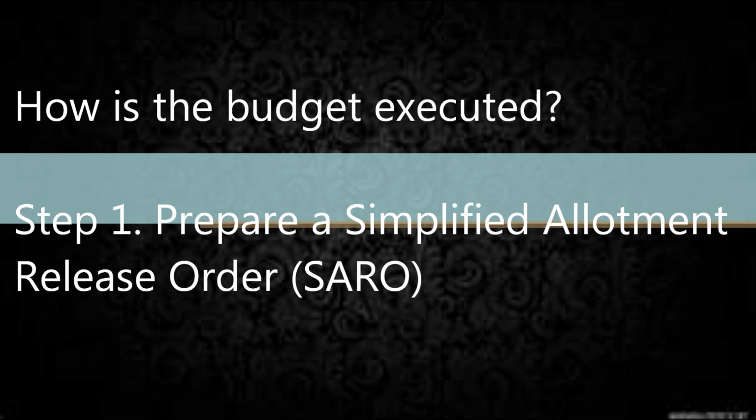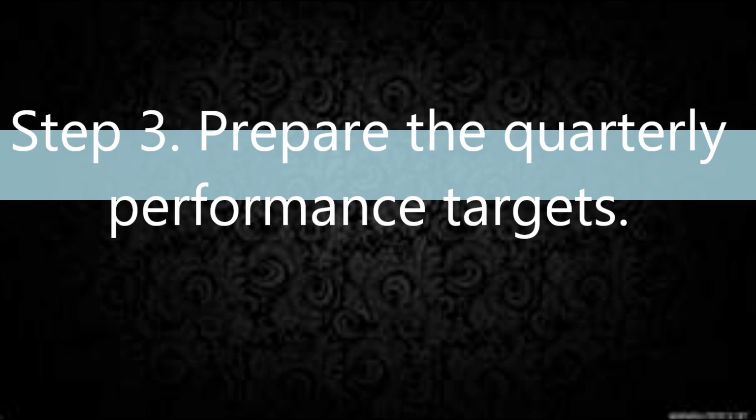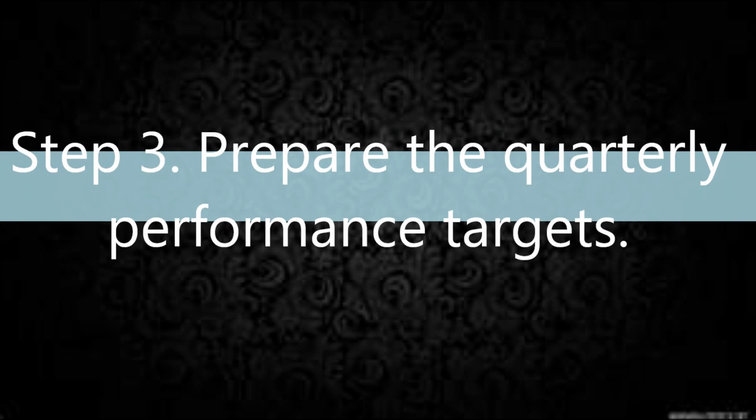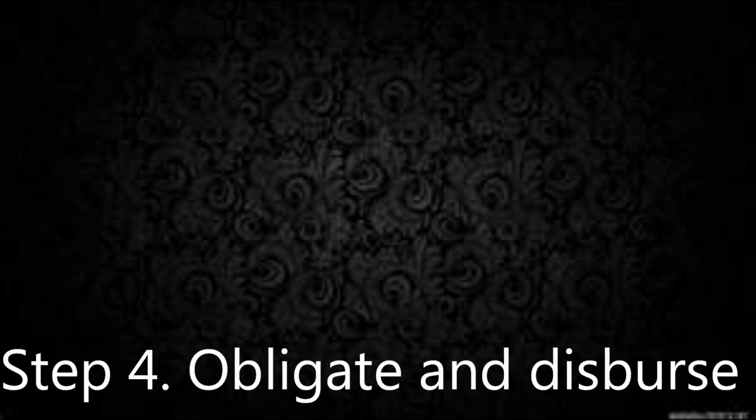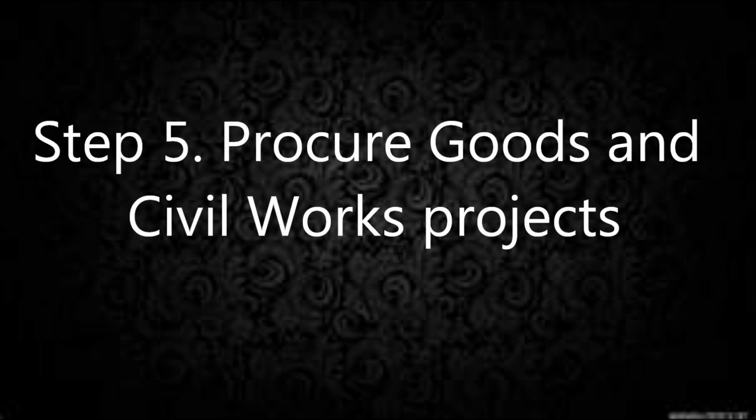Prepare a simplified allotment release order, also known as SARO. Step 2. Prepare a cash program to support the SARO. Step 3. Prepare the quarterly performance targets. Step 4. Obligate and disburse funds. Step 5. Procure goods and civil works project.